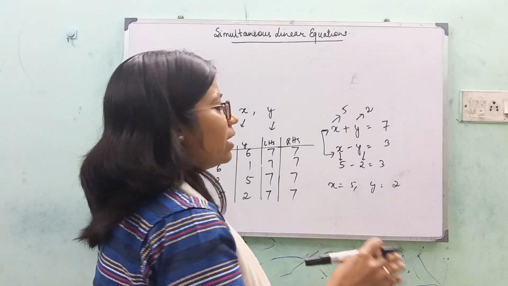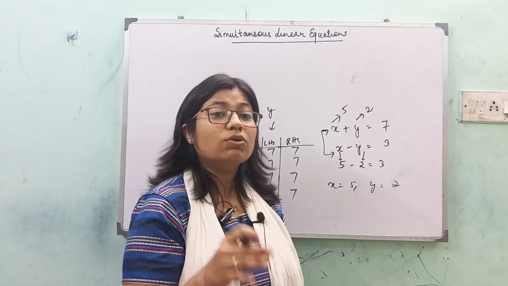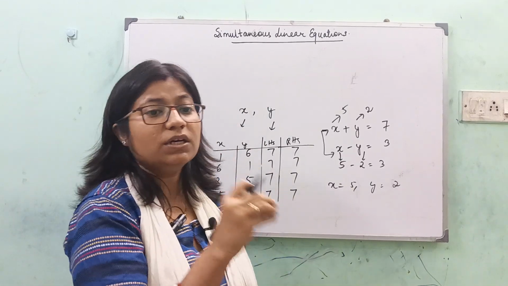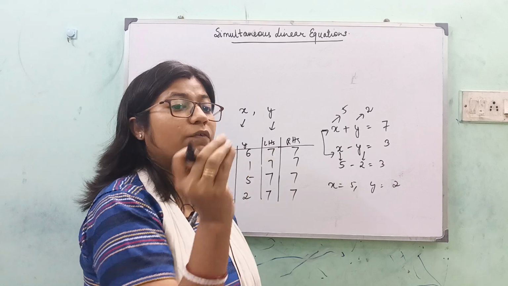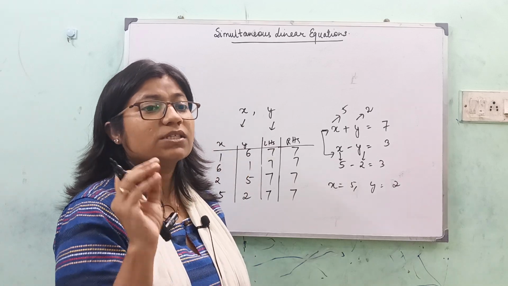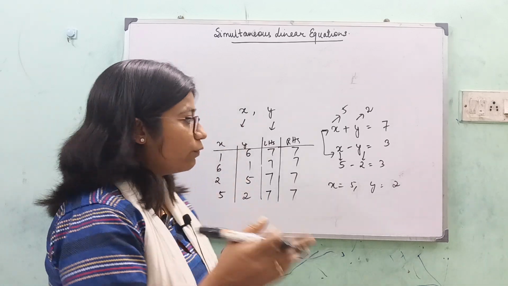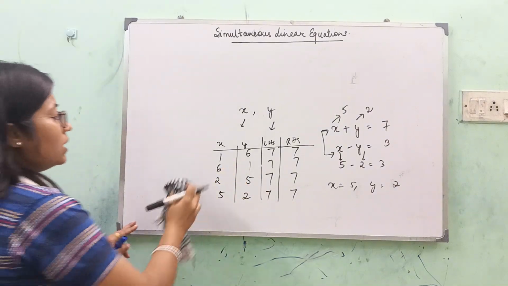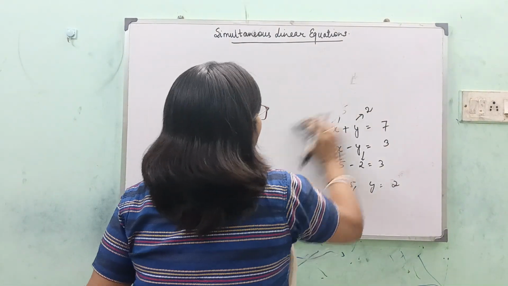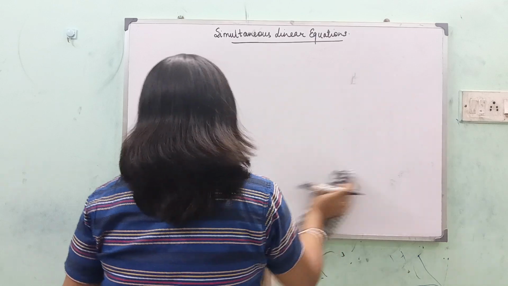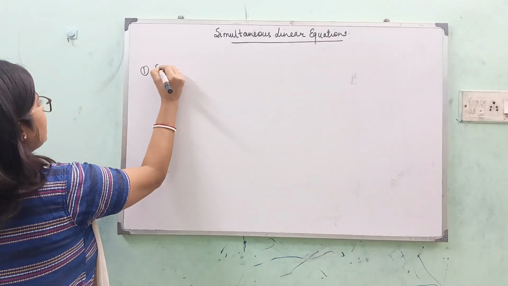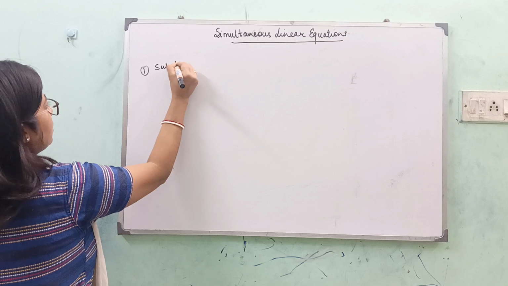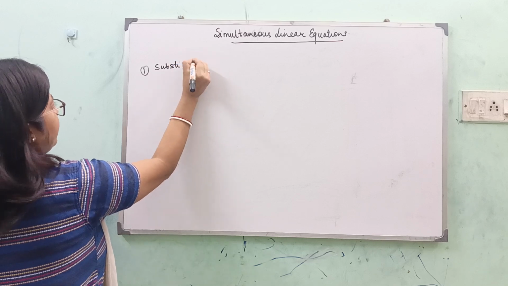Now in this chapter, our objective will be to find the roots of the equations, that is, to find the solutions of the given unknown variables. For doing this, we will be using three kinds of methods. First method is the substitution method.